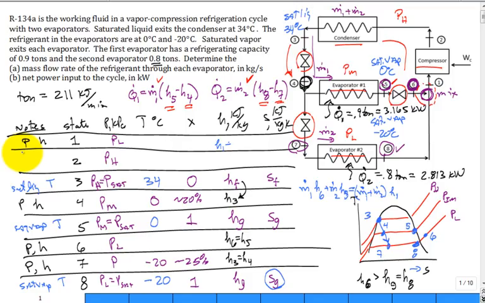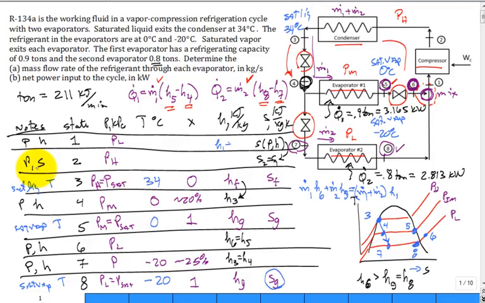And this is where I finally absolutely positively have to calculate the entropy, because I'm going to look at going through that compressor. So we'll calculate S as a function of pressure and enthalpy at 1. And then we'll say isentropic compression, so S2 is equal to S1. And we jump up to the high pressure, so pressure and entropy S fix state 2.